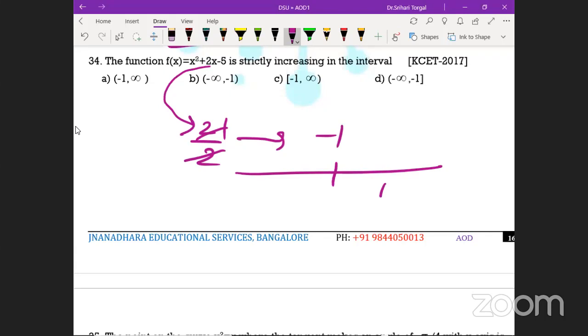From −1 onwards it is increasing, before that decreasing, strictly increasing in (−1, ∞). You should not select any closed interval when there is strict inequality. But it's easy there, 2017. You answered it in 1 second, right? Looking at −1, you get it, no need to write.